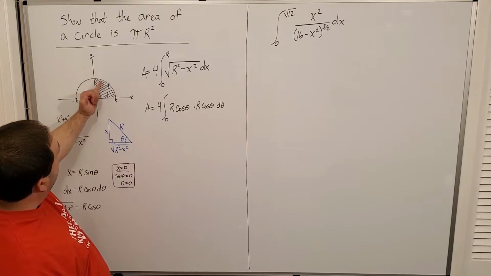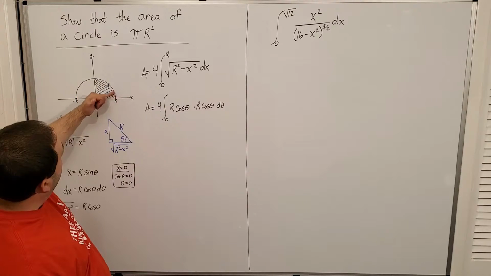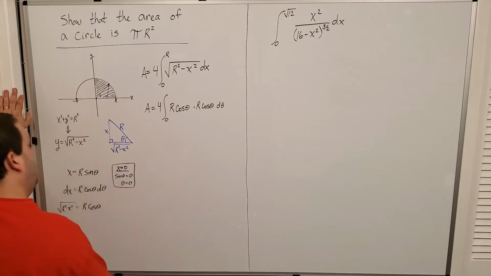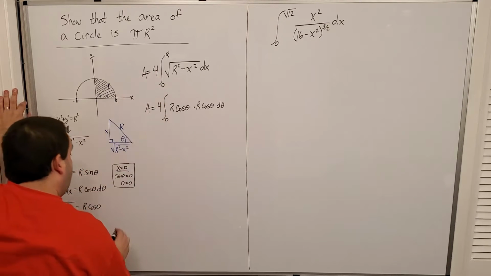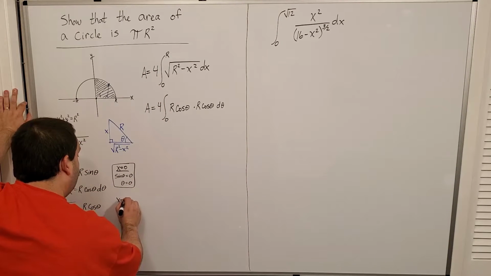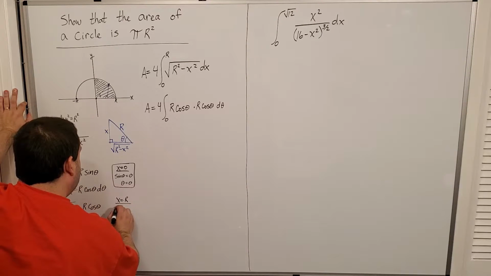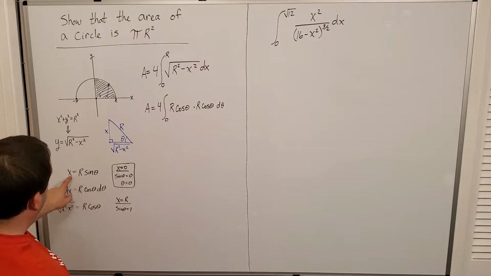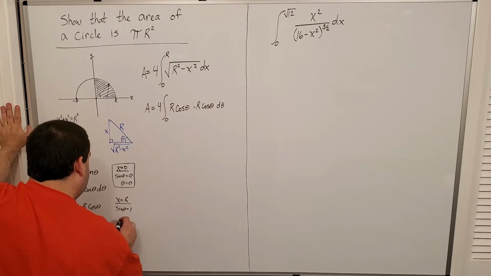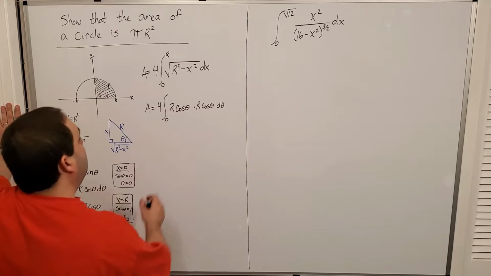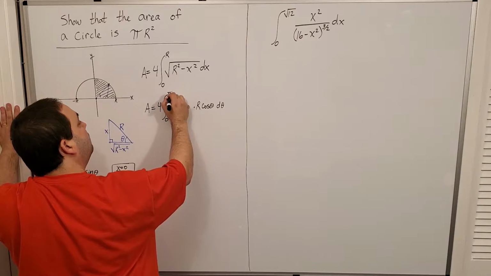And then you should expect, since this is a corner of it, that this is going to go up to a 90-degree angle. Let's double check that here. When x is equal to r, then I have that sine theta is going to be equal to 1, because I'll have r divided by r. In which case that means theta is pi over 2, 90 degrees, pi over 2 radians. So I would put pi over 2 here.